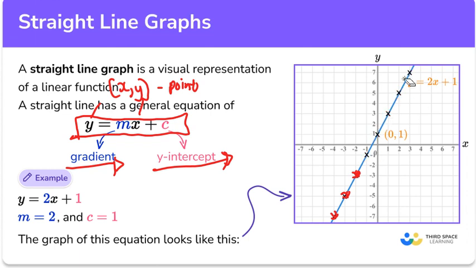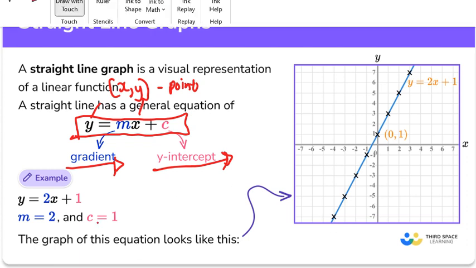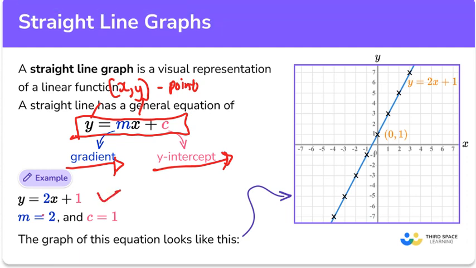If you look carefully at this equation, its gradient is 2 and the value of c is positive 1. Why? Because this graph was cutting at 1 on the y-axis, and you can see its coordinates, (0, 1). It means this is our y-intercept.